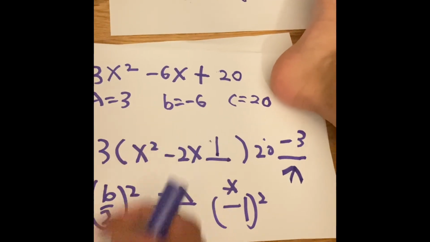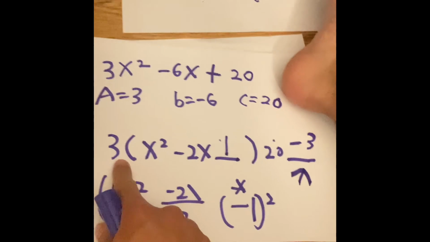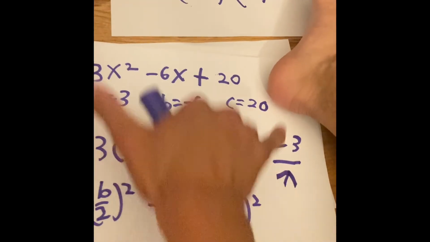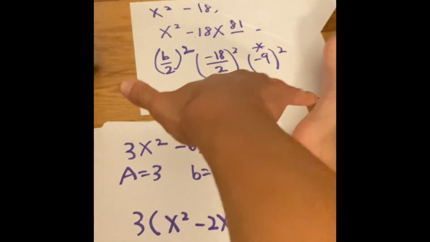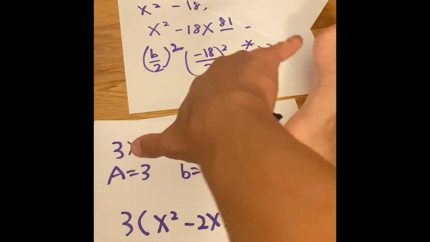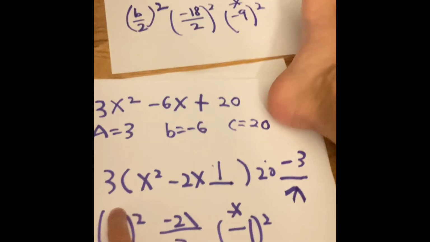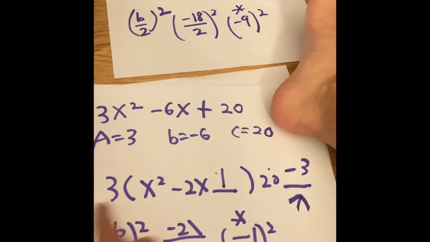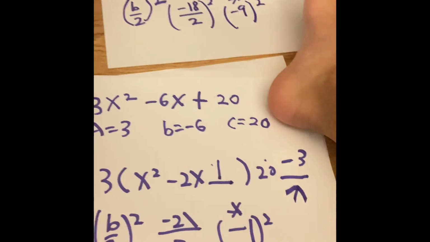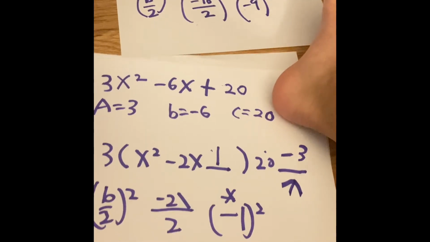This is what makes it balanced, because if you have 3 and 1 over here, it will cause the lever to tip over and not be equal. So that's why 3 and negative 3 have to be on different sides, because we have to equalize it.